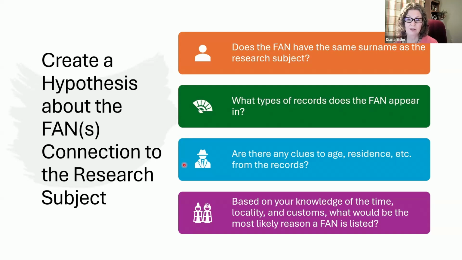Sometimes a person will have John Smith of Greene County, and you'll get some clues about where they are living or where they are residing at the time of that record. And you might also get some clues about how old they are, which could help you to identify them. So often we look for all these clues for our research subject, but we don't think to actually look for clues for these fans as well.